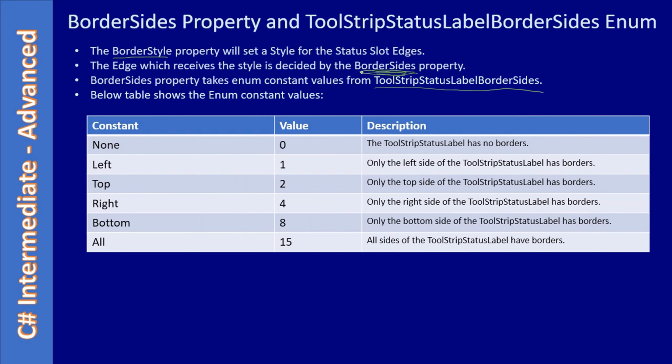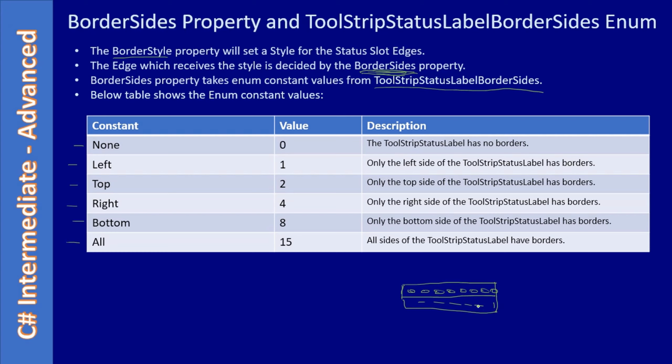If you see, none has the value 0. Left is 1, then top is 2, right is 4, bottom is 8, then all four edges is 15. If you look here, these constant values look like a bit pattern. 0 means all bits are 0, and 1 means only this bit is 1. All bits are 0 except this one.